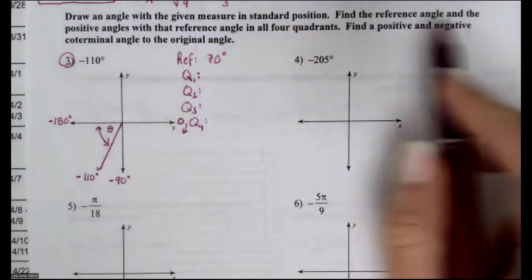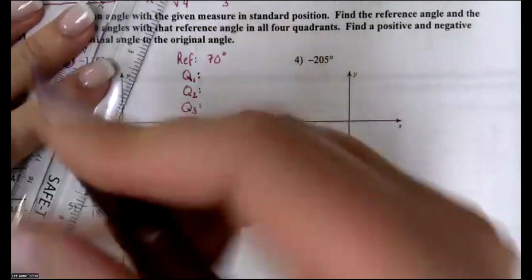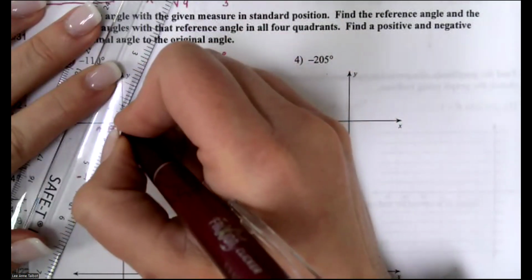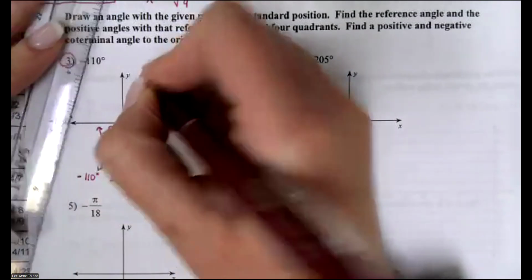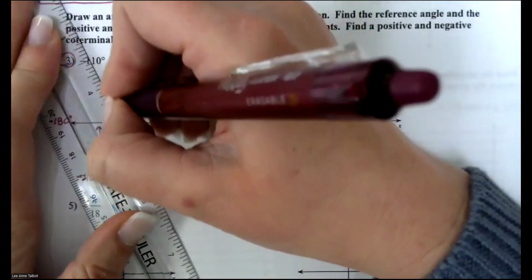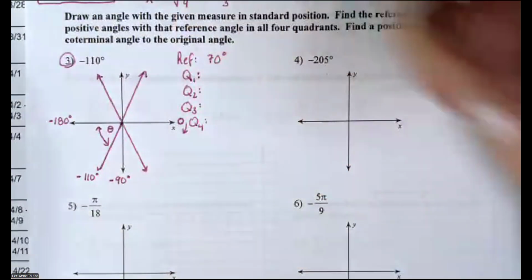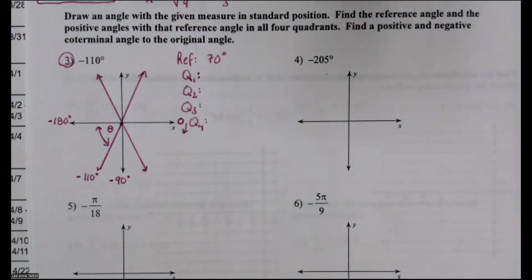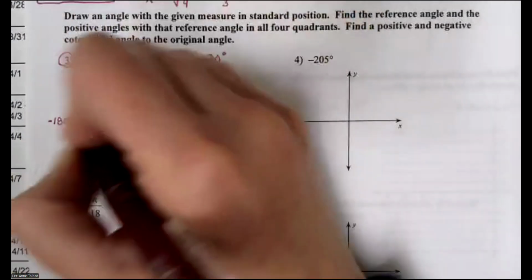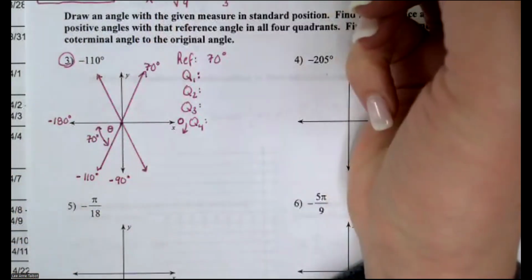Okay, and then the directions say, and the positive angles with that reference angle in all 4 quadrants. So I'm going to take my straight edge and extend the lines way too far, apparently. I don't know why I made them so big, but it's fine. Okay, so this is 70. That makes this 70.